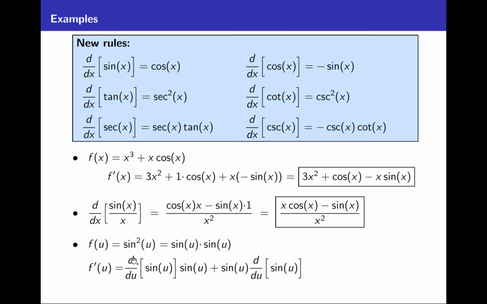Now by our latest rule up here, the derivative of sine of u would be cosine of u. So we get cosine of u times sine of u plus sine of u times cosine of u. And that's 2 cosine u sine u.